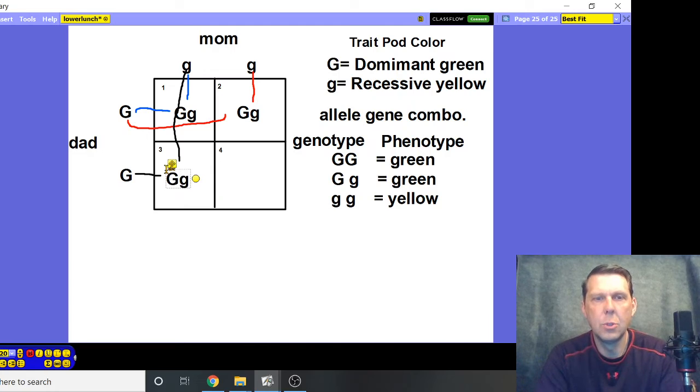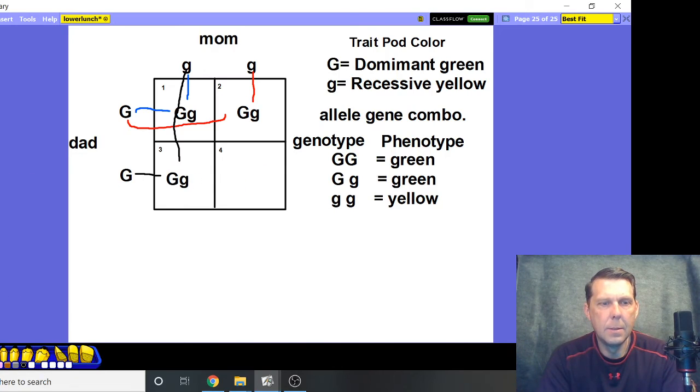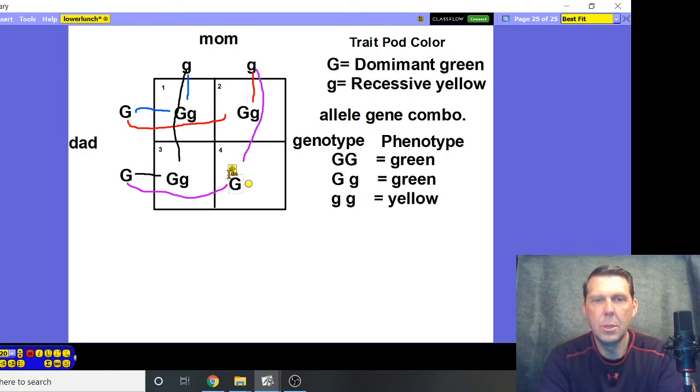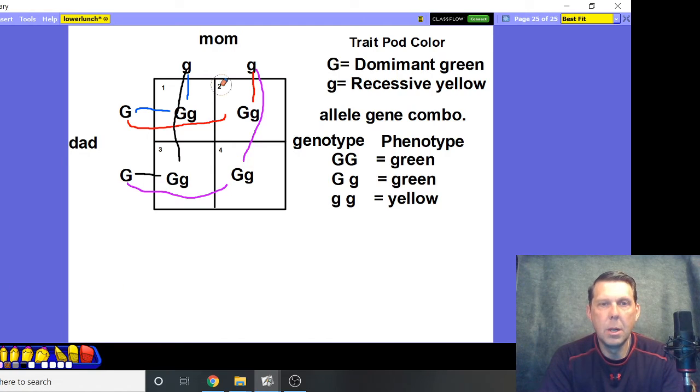Capital G, lowercase g. And this one comes across in this situation, and this one comes down. Hopefully that doesn't make it more confusing. Capital G, lowercase g. All right. I'm going to erase those lines because that looks crazy.